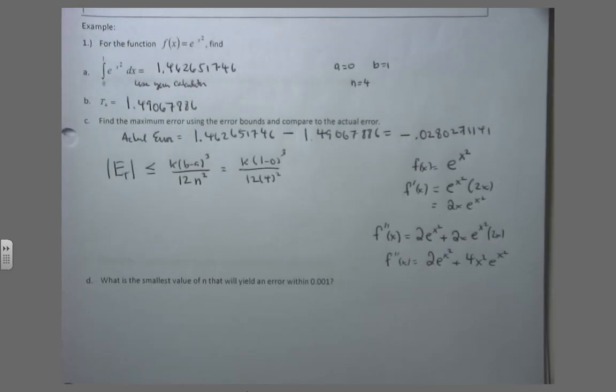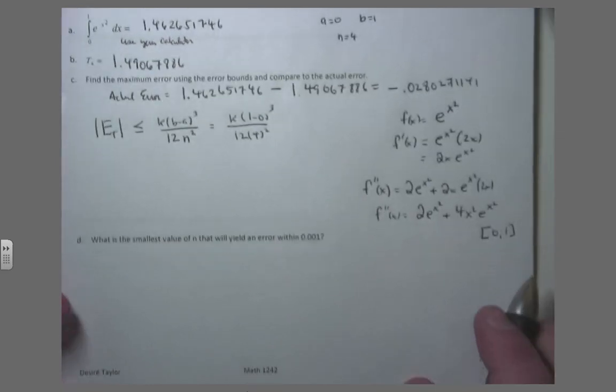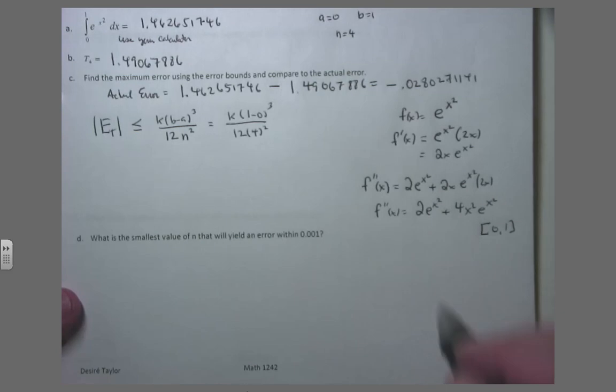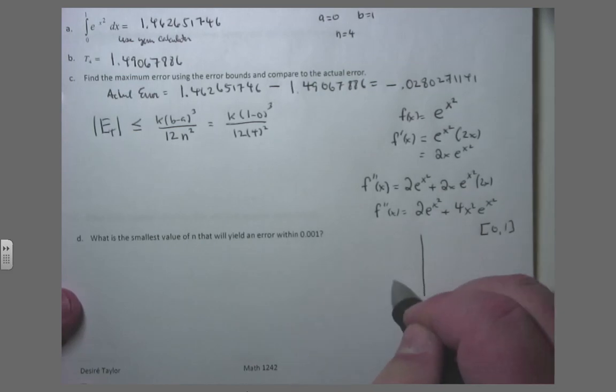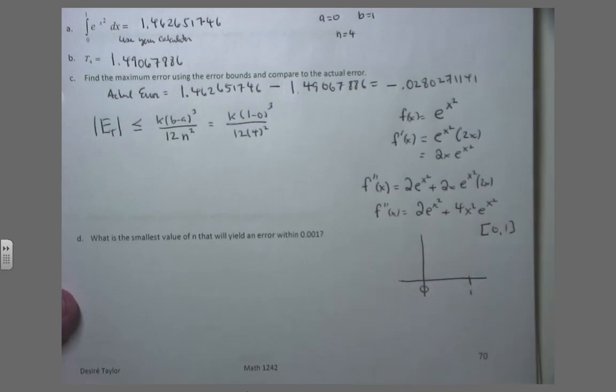And I want to remind you, when you're doing this stuff, your k is the maximum value of the second derivative over your interval. What is my interval in this problem? What's a and b in this problem? 0, 1. So to find k, this is what you do. You graph it, and you only focus on the graph between 0 and 1.